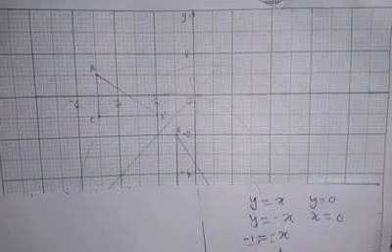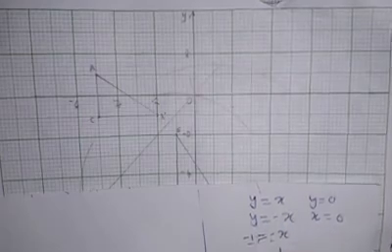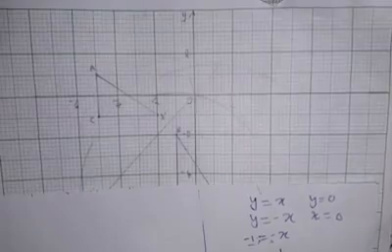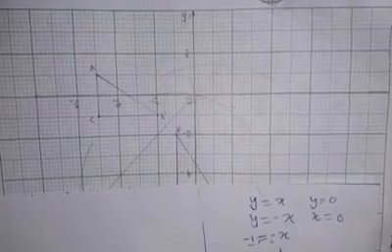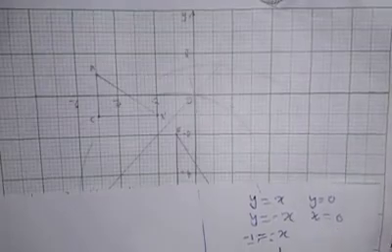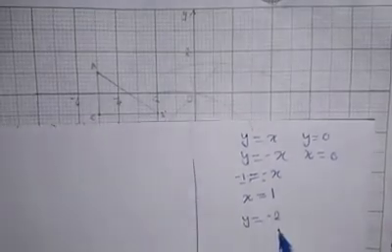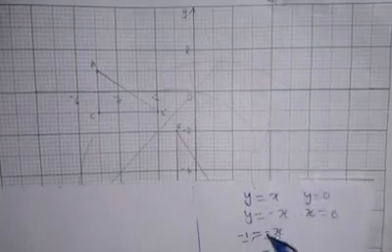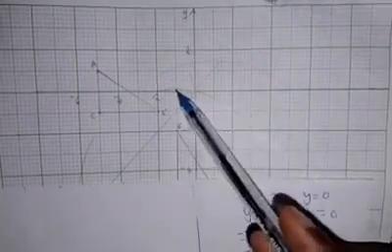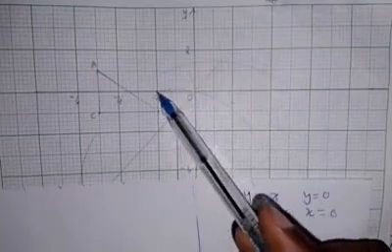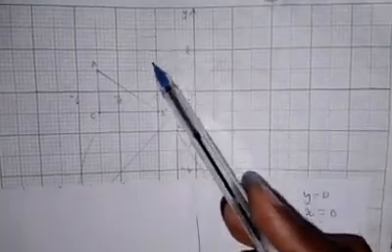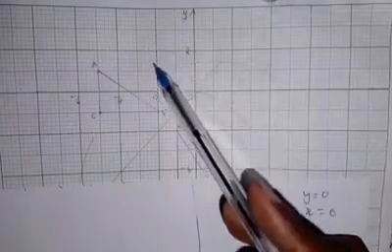So for example, when x is equal to 2, the value of y is going to be negative 2. So getting these 2 points and replacing them in the equation, you see that when x is negative, the value of y will be positive, and it will lie this side here.